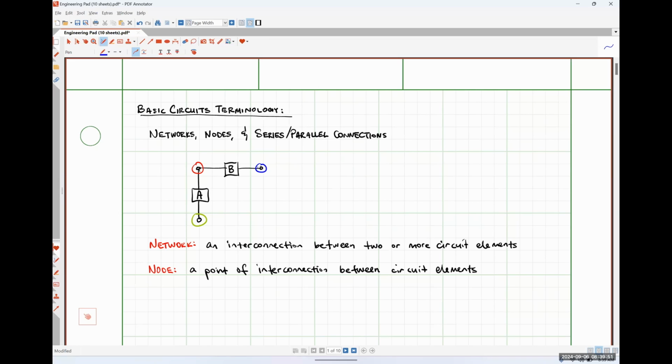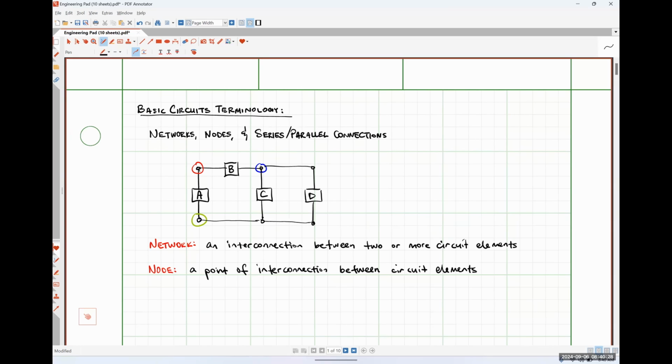Okay. So whenever we connect more circuit elements to a network, we have an opportunity to create more nodes. So for instance, if I had a circuit element C here, and a circuit element D over here, I might connect these points with a wire and all of these points with a wire.